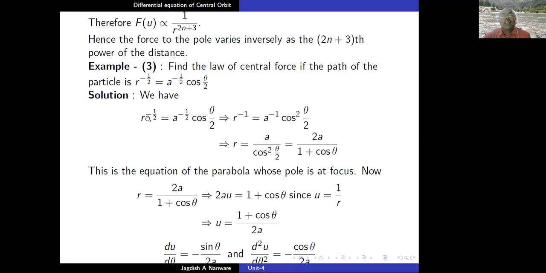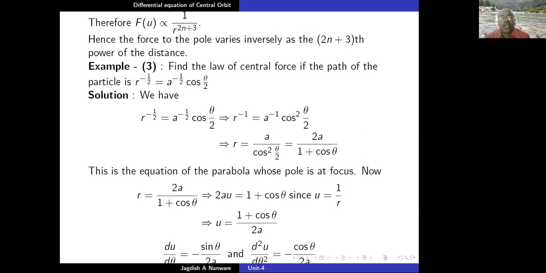Now we can have another example. The calculations are same, just we change the curve, right? Again, here you have to find the law of central force. And what we have to do, we have to obtain du by d theta, right? So we try to write given expression in terms of u. Then we find its first derivative, then second derivative.